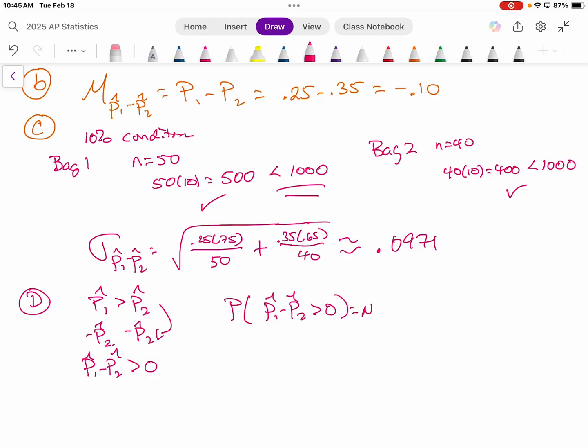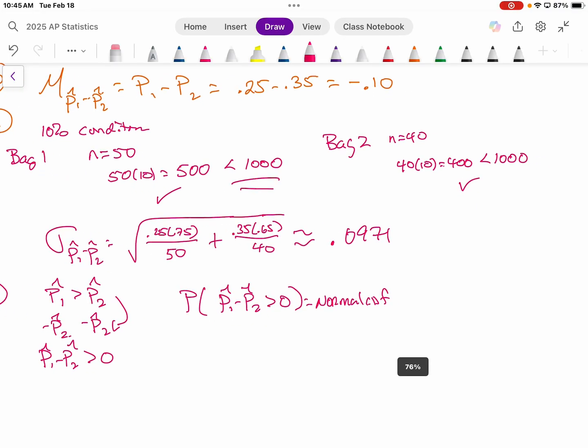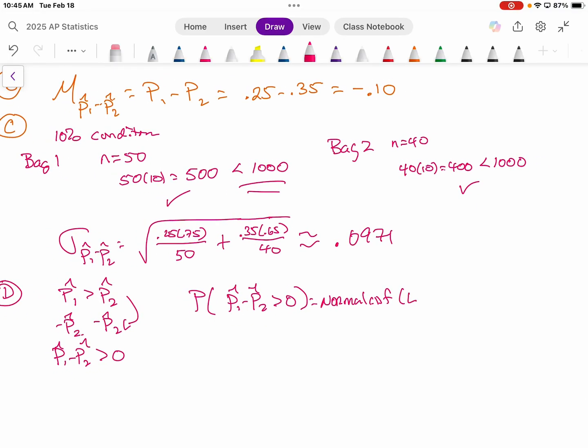So normal CDF. And now we've got to figure out, okay, what is my lower bound? Can you explain how you got the P1 hat minus P2 hat?